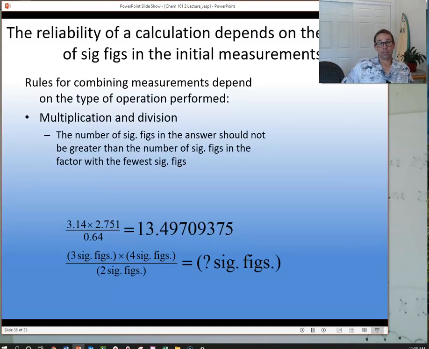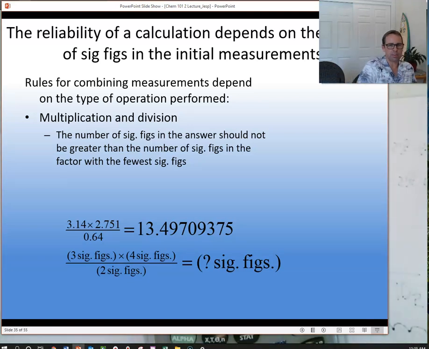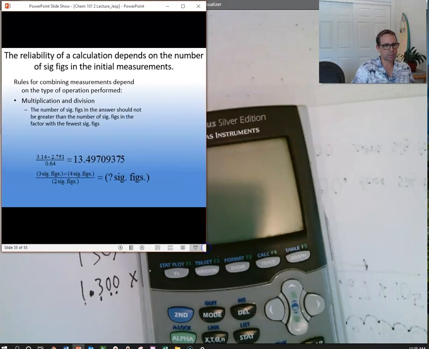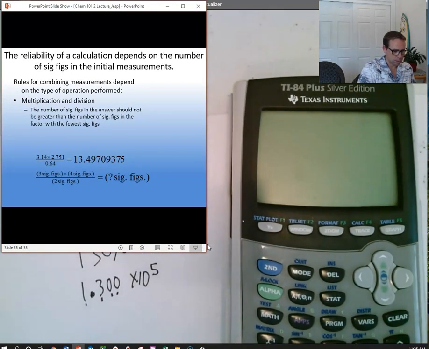Now, this is the part that we've been working up to. When I perform math in my calculator, for example, I can put this problem into my calculator. 3.14 times 2.751 divided by 0.64.